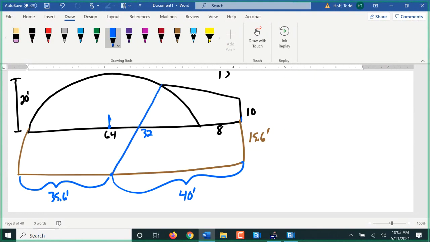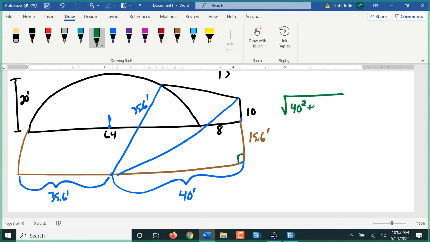I'm going to connect this up here. That's going to be a radius of that circle, which is just the 35.6. And then I'm going to cut this across here to make a triangle, with, of course, this right angle here. This length across there will be the square root of 40 squared plus, I have to add these two together to get 25.6, so 25.6 squared.